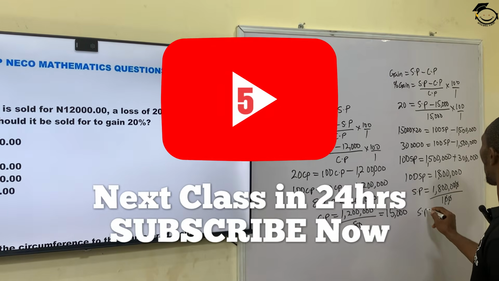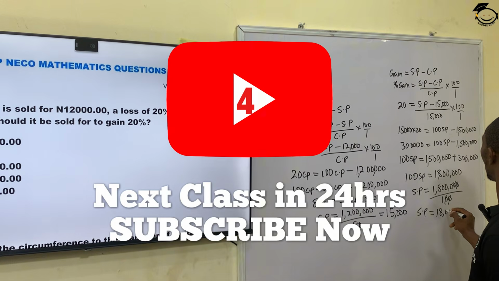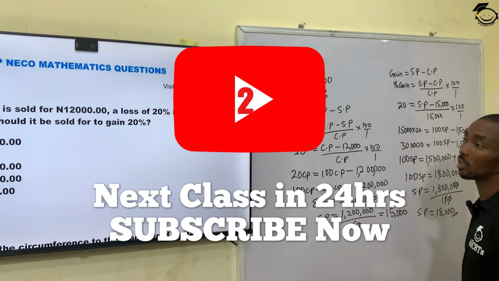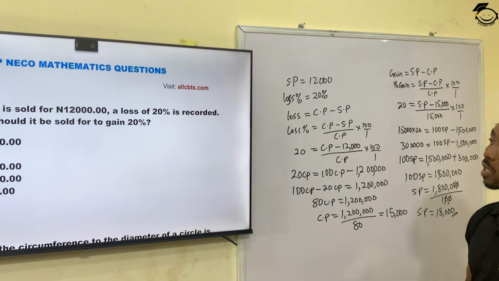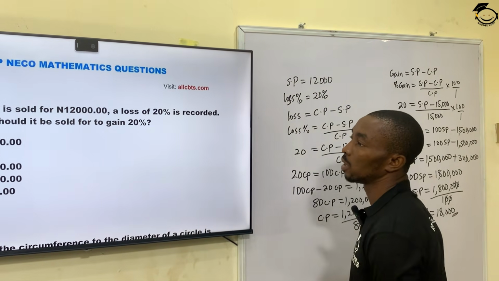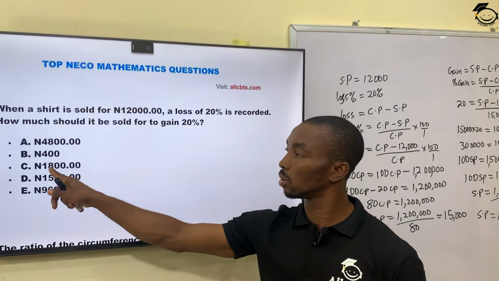So our selling price would be 180,000. So the selling price to make 20% gain would be 180,000, which would be option C.